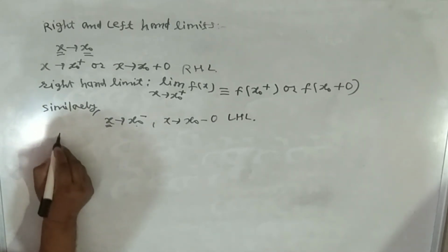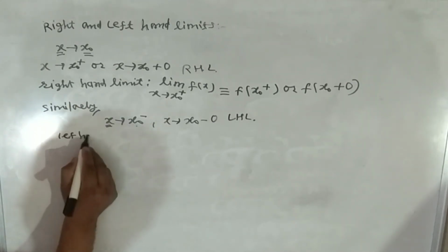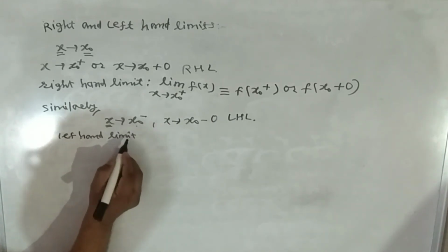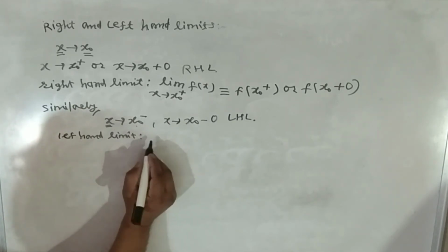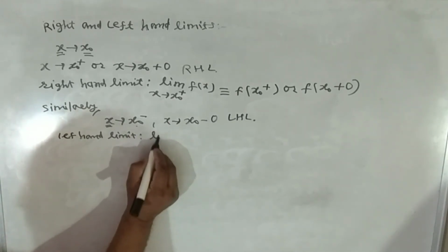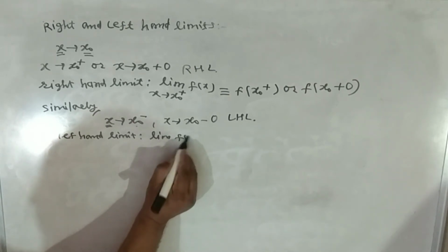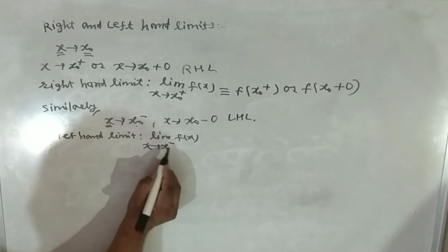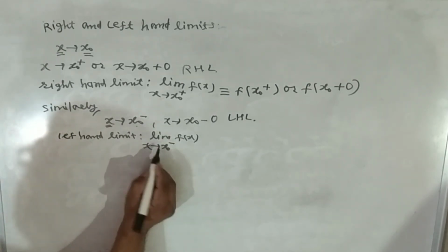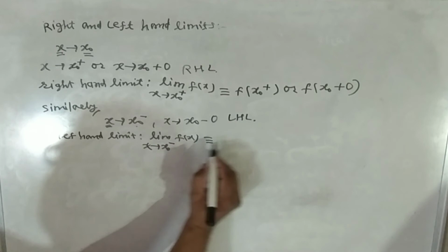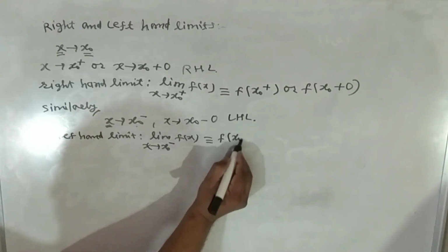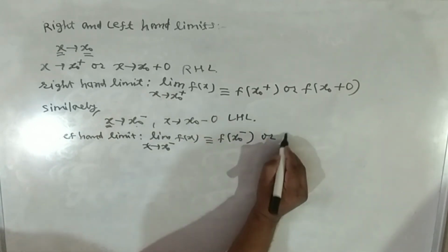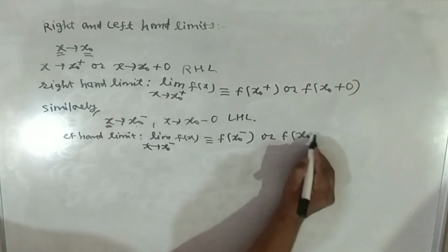So, left hand limit is the limit of a function f of x as x tends to x0 minus, identically equal to f of x0 minus, or f of x0 minus 0.